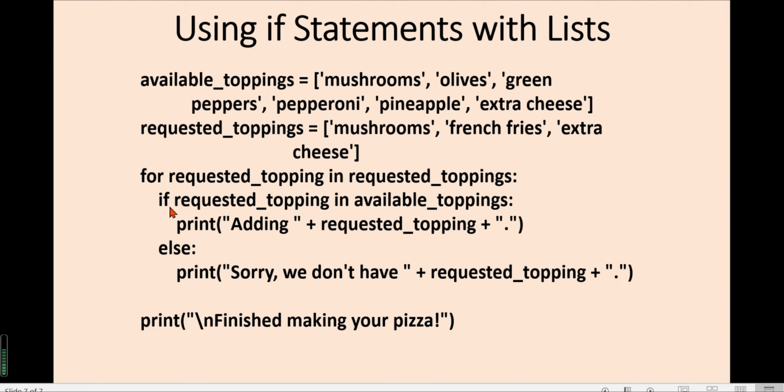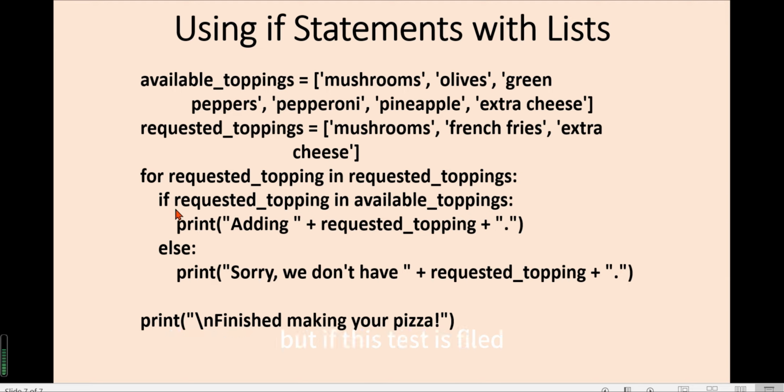Then for each value, next is a conditional test. If this requested topping is in the available toppings list, then we print adding this requested topping.